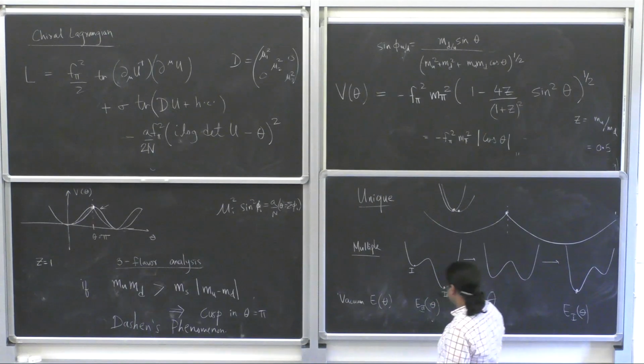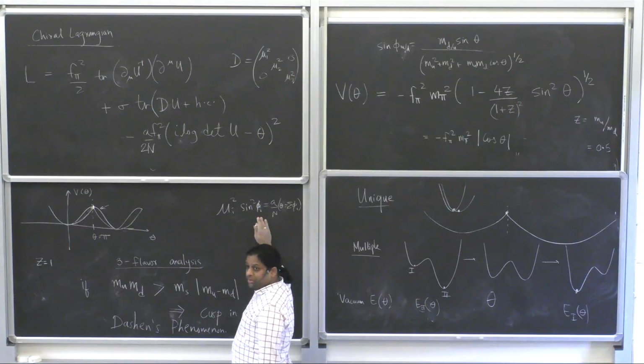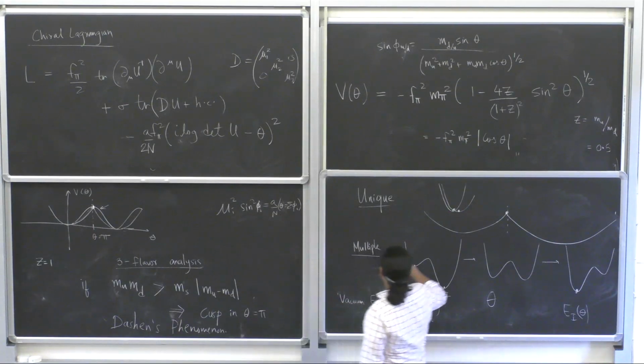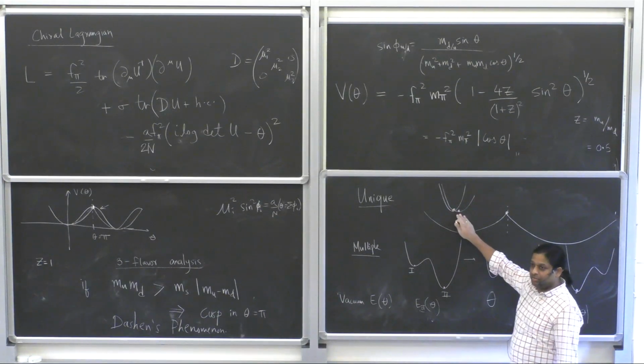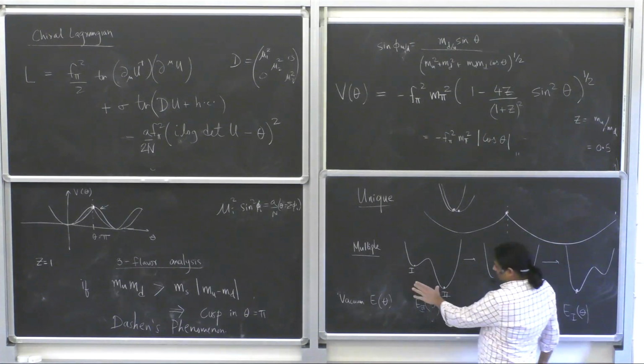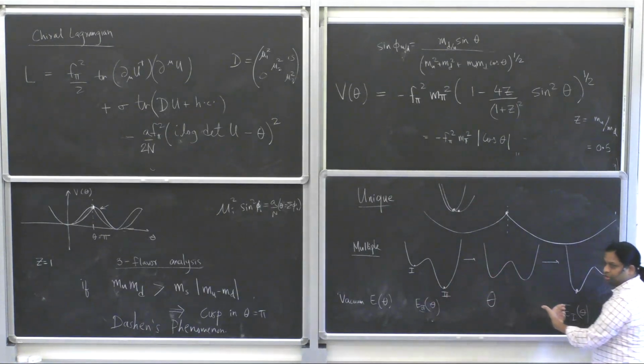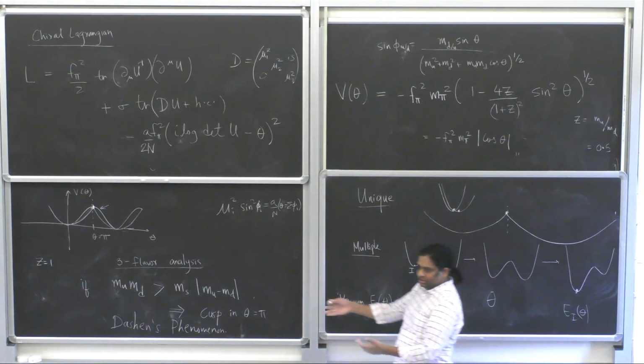Yes, indeed. These are sines and cosines, so depending on the parameters, there might not be more than one solution. We might be in a situation where there's always just a unique vacuum, and as a function of theta it just changes smoothly, and there's never this condition. The condition for this cuspiness is exactly when you have multiple solutions that switch, and that depends on the parameters of your potential.